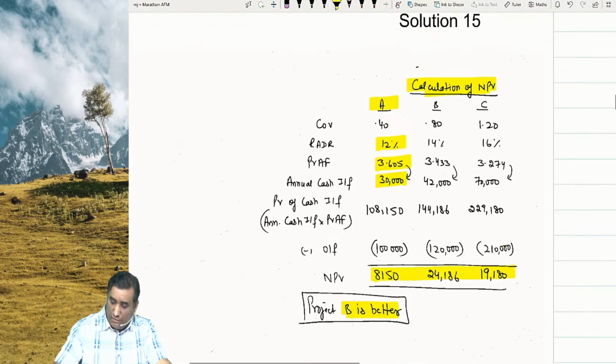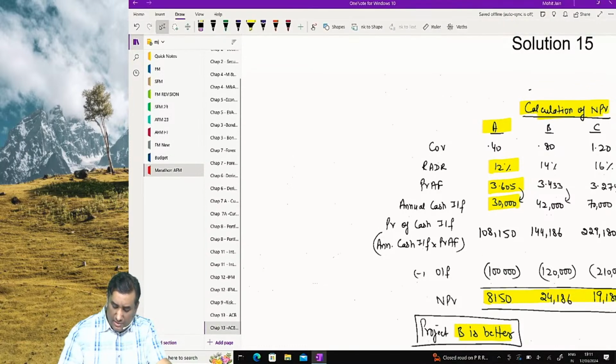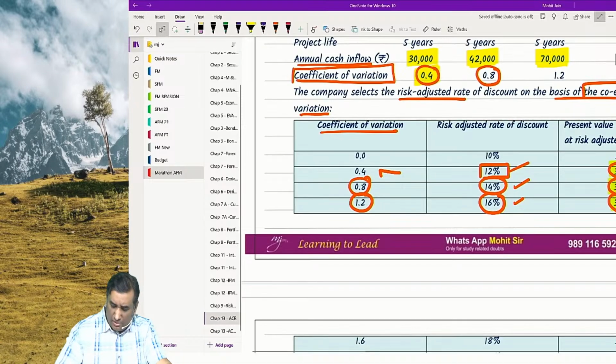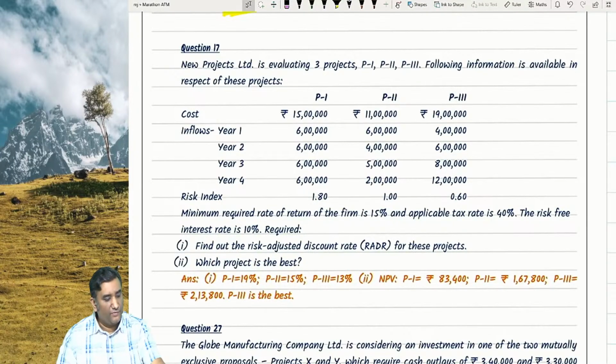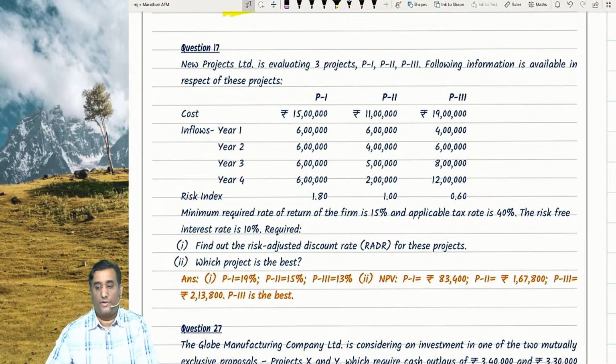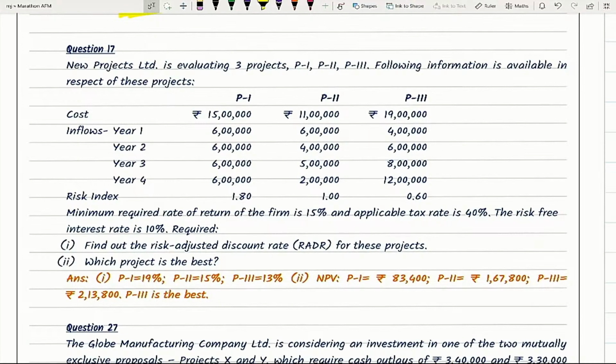Now, the second variety of question, which I think has come in the inter or maybe final ones, is the 17th. We look at the 17th, please.